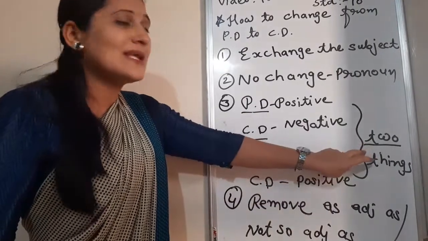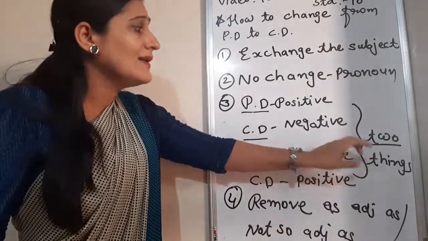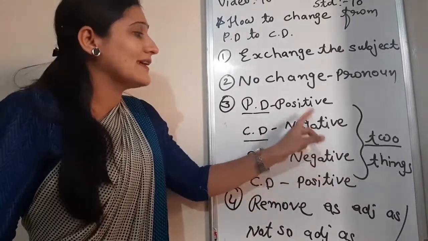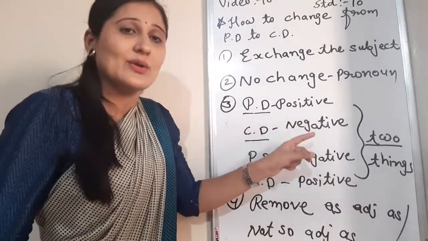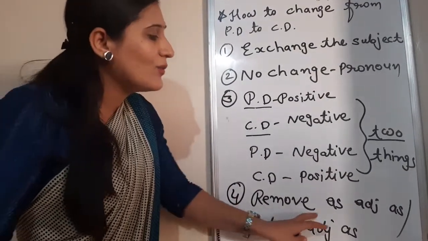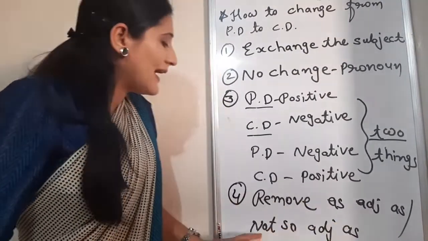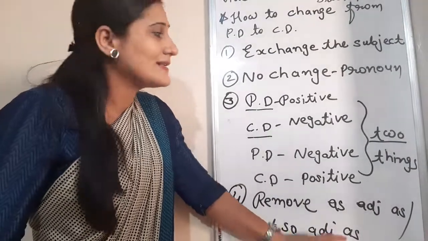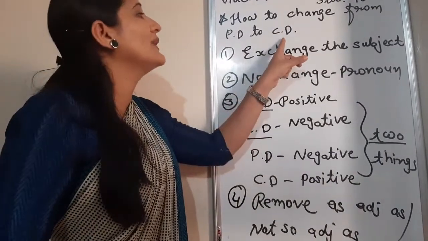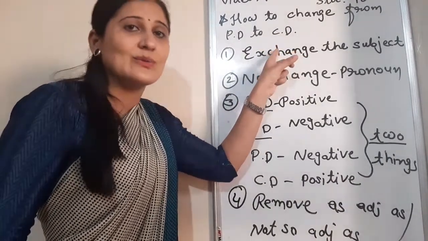And if more than two things comparison, then we will see whether this rule can be valid or not. And fourth one is remove as adjective as and not so adjective as, because we will add something else for comparative degree.